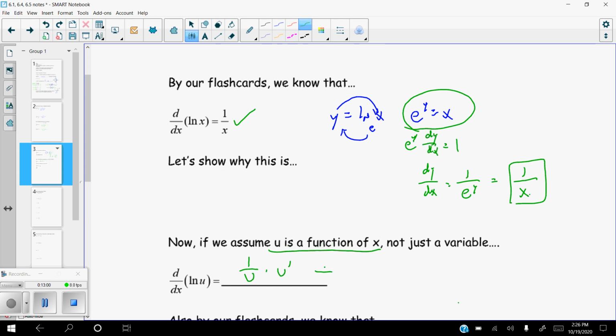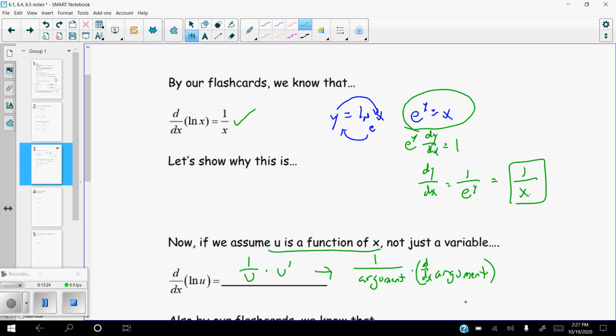So the easiest way to remember it, and this is kind of the way I say it, is the derivative of a natural log is always 1 over the argument, whatever you're taking the natural log of, times the derivative of the argument. That's how you take the derivative of a natural log.